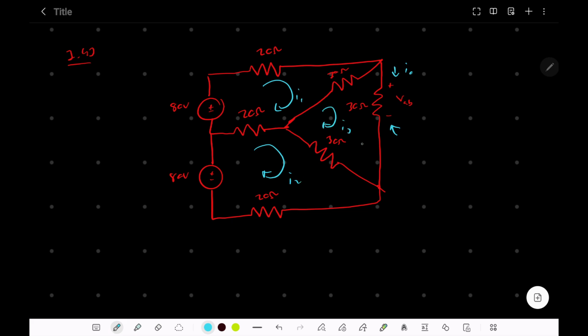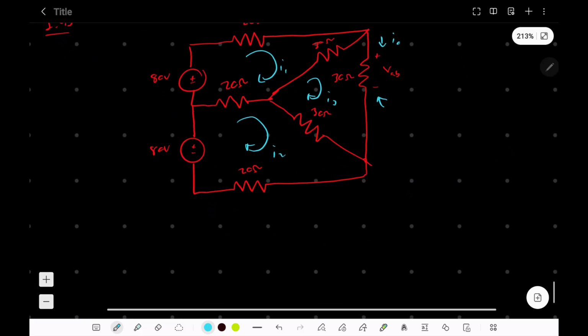Now, something to note is that we can draw our mesh currents in any direction that we want. We can do clockwise or anti-clockwise because the principle still stays the same: the sum of all the voltage drops and gains around a closed loop will always be 0, because we're going to get to the same potential that we left at.